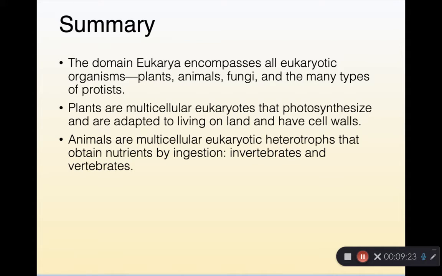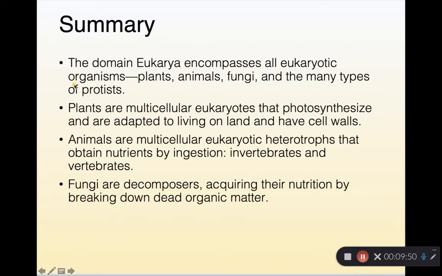Animals are multicellular eukaryotic heterotrophs that obtain nutrients by ingestion, and they include invertebrates and vertebrates, and generally have differing bodily structures that can be broadly categorized into radial, no symmetry, and bilateral symmetry.